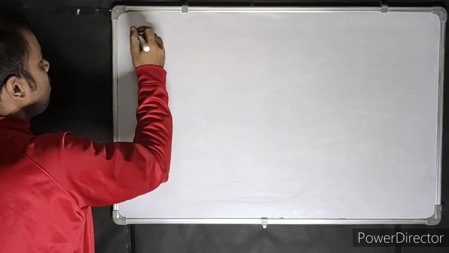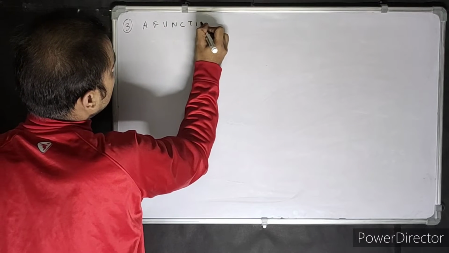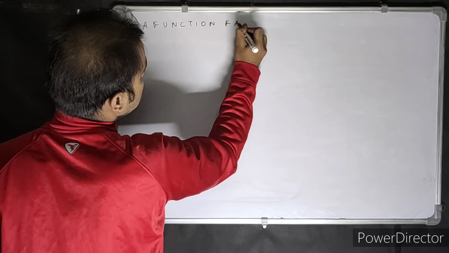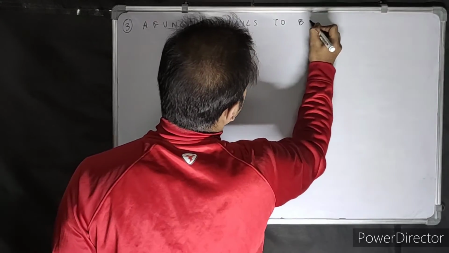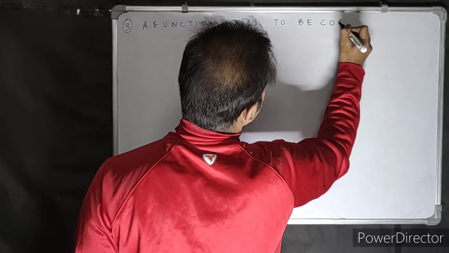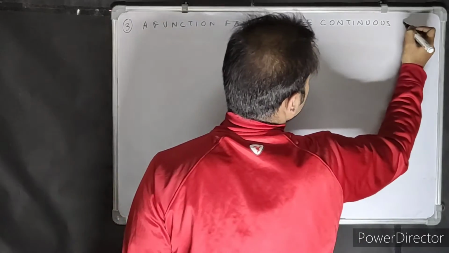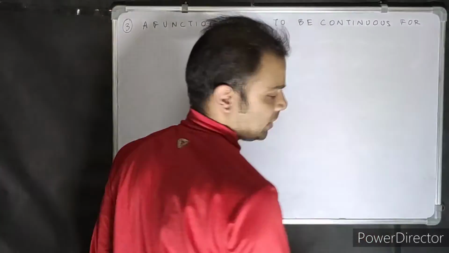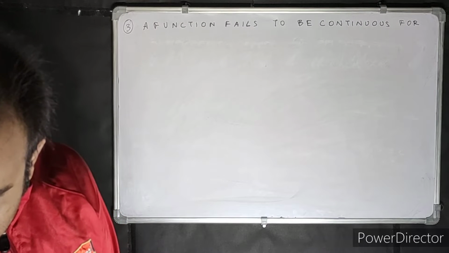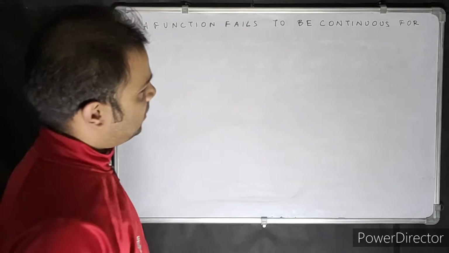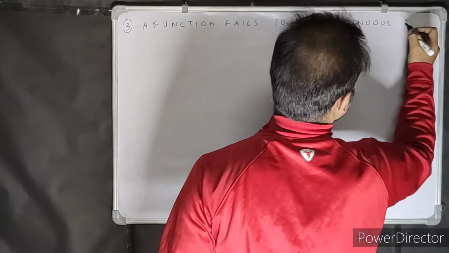So what happens when a function fails to be continuous? This is the third point, right? A function fails to be continuous at x equal to c.